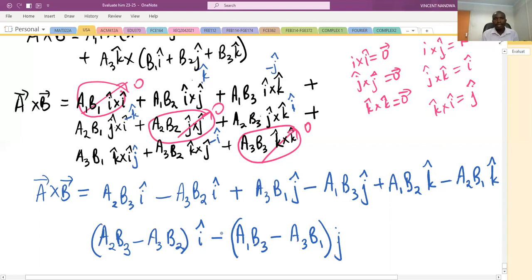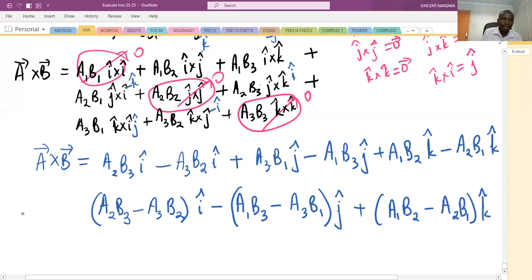Remember, when I write this one, it has a negative, and when you open it, it is positive, the same thing as what I have here. And then plus A1, B2 minus A2, B1, k. So this is A cross B. So this is what I have.